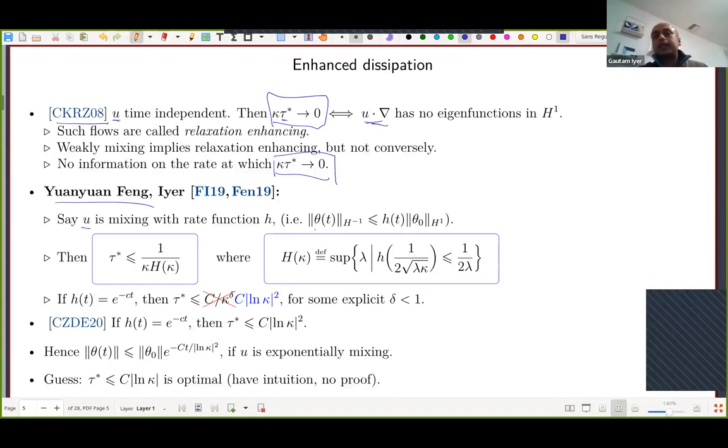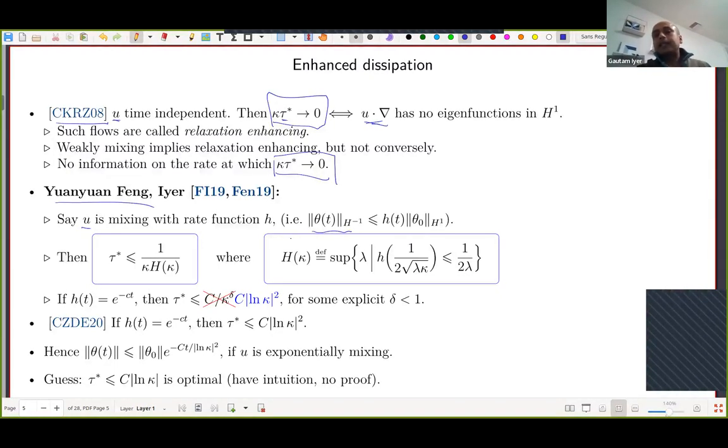In what sense, right? Well, we measure the mixing norm using H-1, as was talked about before. Think about this as the mixing scale. And I ask you, well, at time t, what's the mixed scale of your inviscid scalar, theta, right?